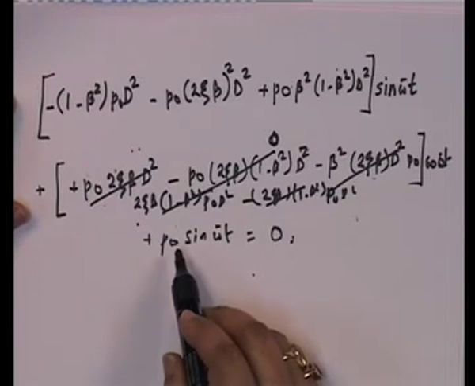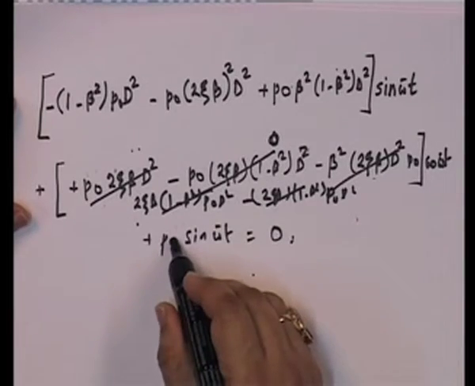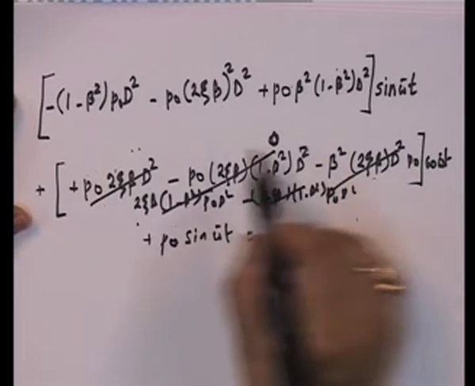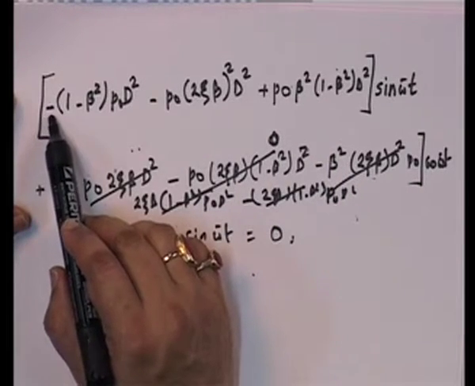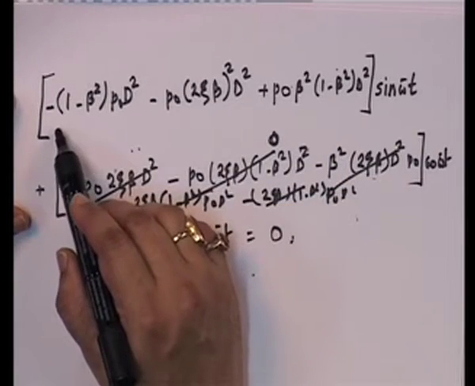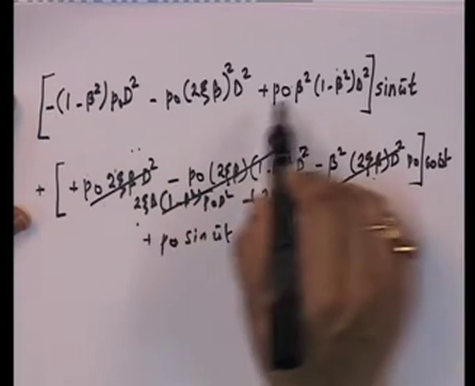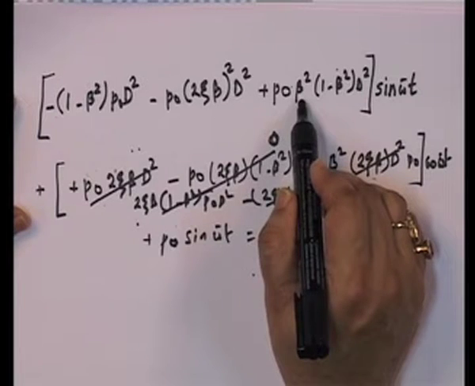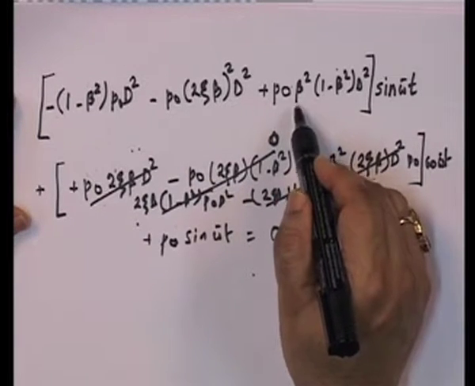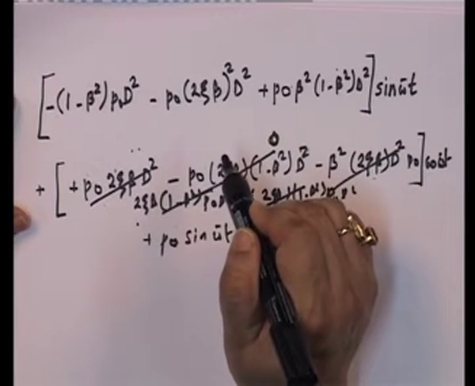Let us look at what happens here. This becomes 1, it becomes minus, right. This is 1 and this is beta squared, so this becomes minus 1 plus beta squared, which I can write as minus of 1 minus beta squared.